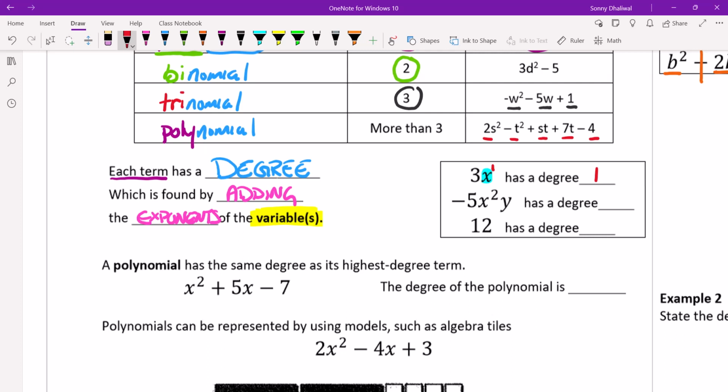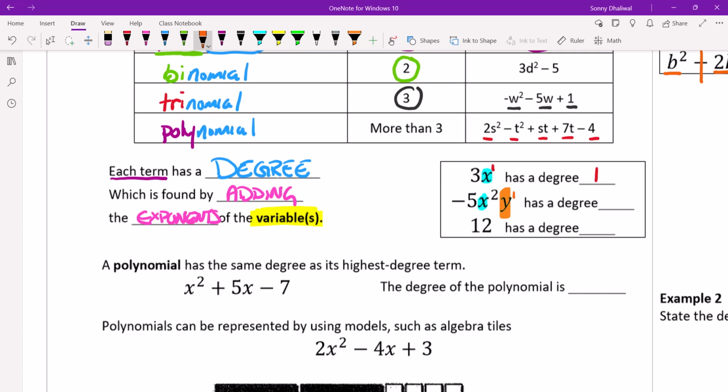All right. Now, this one has 2 variables. A variable here and a variable here. Now that you have more than one variable, you have to add the exponents. So the x has a 2 sitting there. The y has a little imaginary 1. What's the degree of this term? 3.